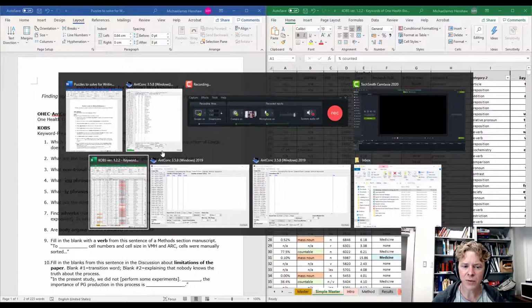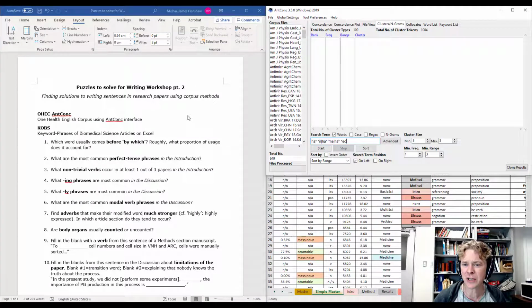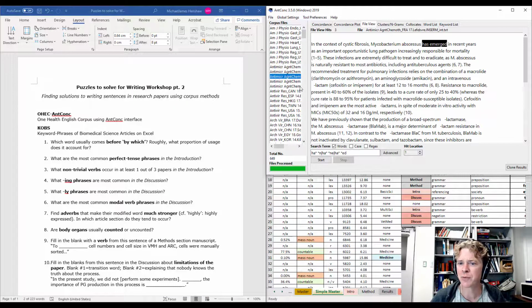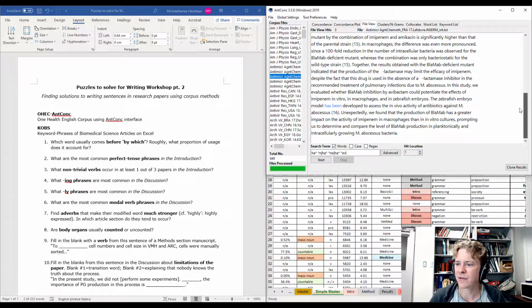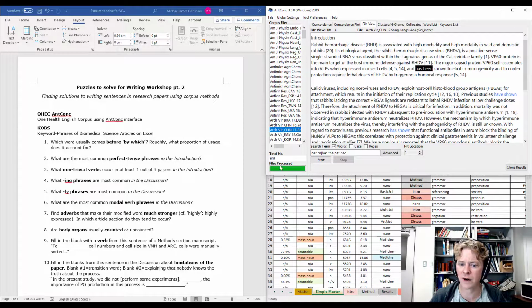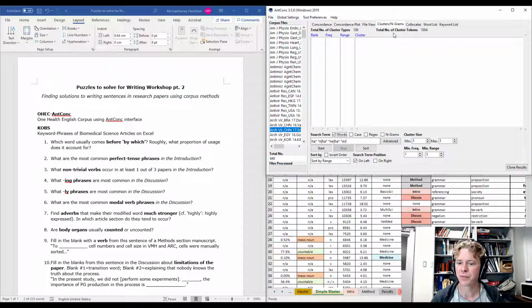And that means I'm going to go to a different corpus, which is just a corpus of introduction articles. I'll just show you in the file view. For example, this one just has the first section. It's just the introduction of all of 649 articles.